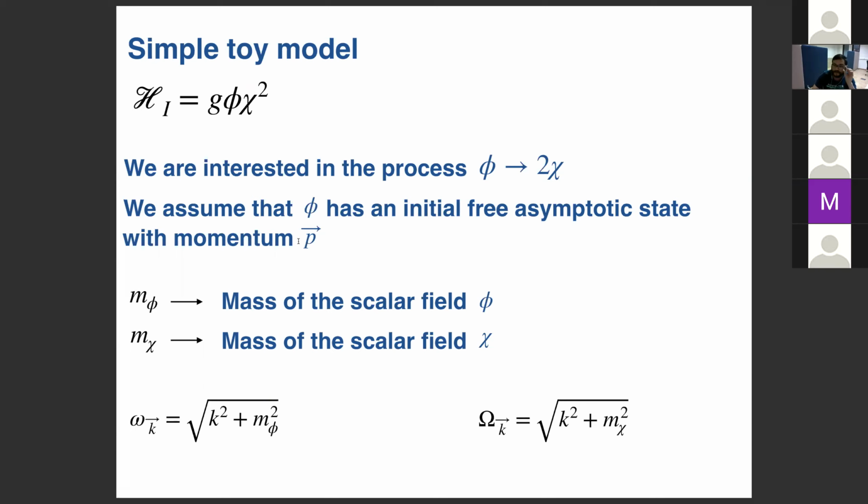We are just working out the most simple scenario with just one momentum p. m_phi is the mass of the phi field, and m_chi is the mass of the chi field. We define this omega like this, which is of course the energy of the quanta if the field is free, and this big Omega, which is the same for the chi field.